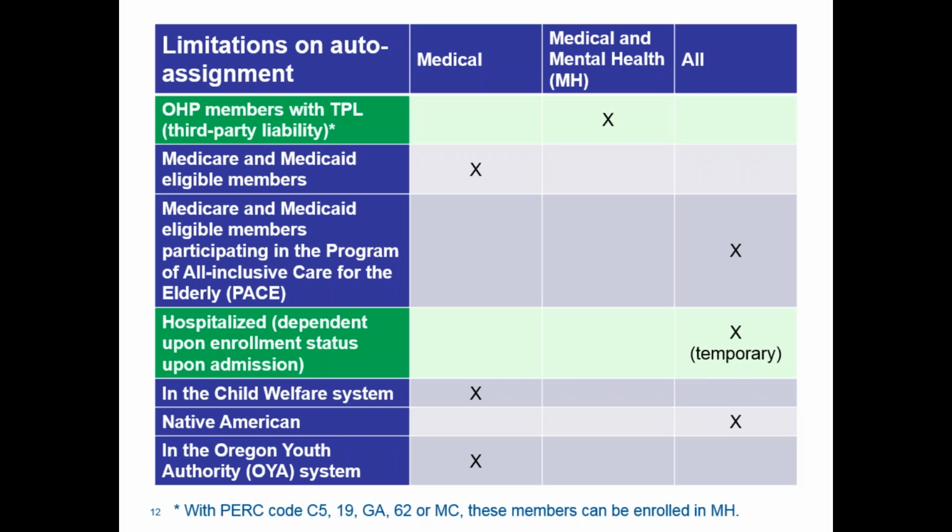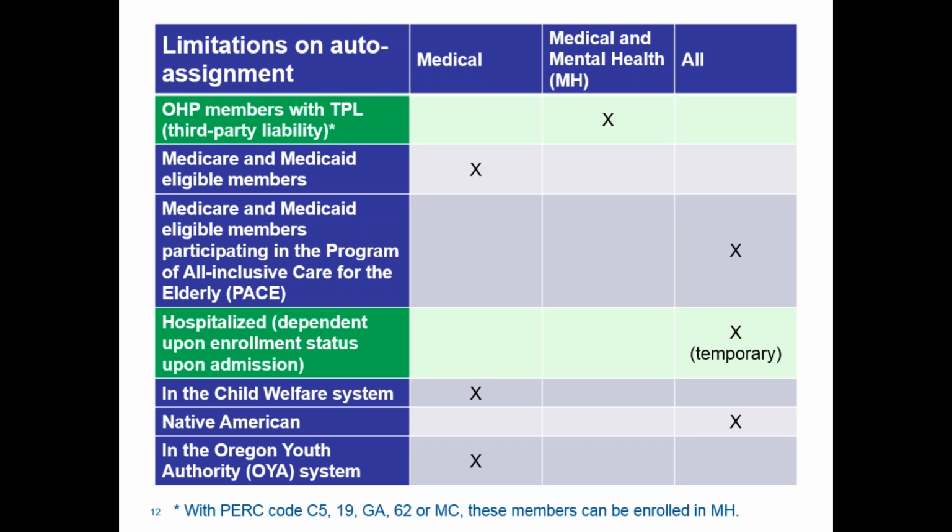So on this slide, we talk about several different populations. Our carve-out populations not only include our Medicare Dual clients, they also include children who are in the child welfare system or in OYA, Oregon Youth Authority. They cover our HNA, Heritage Native American clients, and then any clients who have TPL. So on this chart, we start with our TPL clients. They are exempt from medical coverage, so they are going to have dental coverage only.